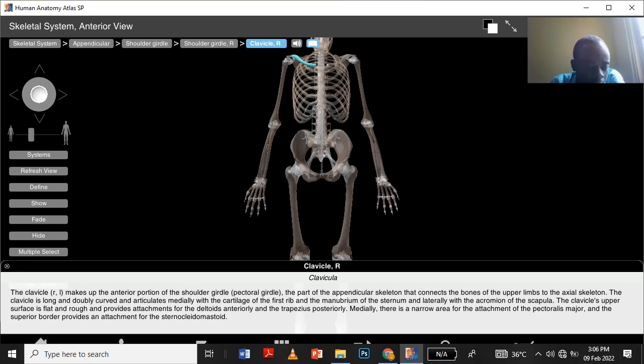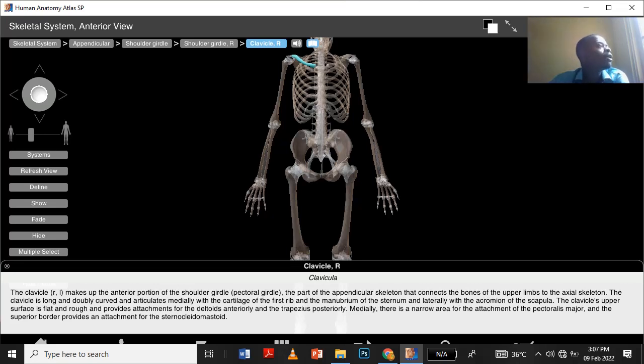And the clavicle is a long and double curved bone. That is, it has a curve here, and also a curve around here. So it has curves at two places and articulates medially. When we talk about medial position, we always have a midline that cuts across the whole body in this format.